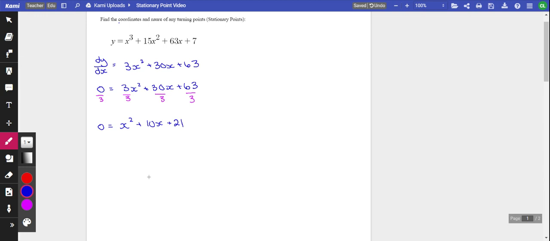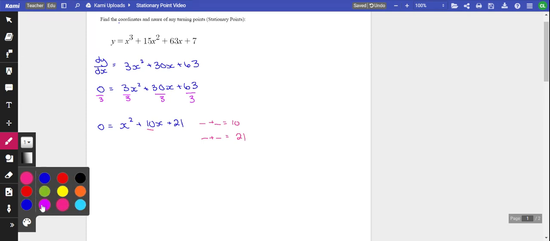So now we could solve using the quadratic formula, but I'm going to solve this by factoring. So when we factor, I need two numbers that add together to equal 10, and multiply together to equal 21. So in this case, that is going to be 7 and 3.